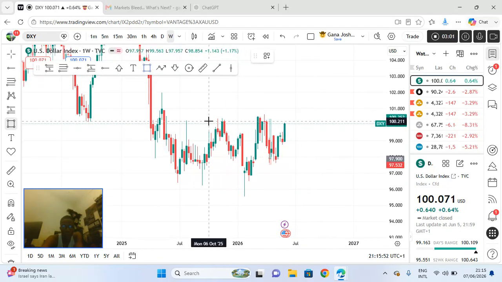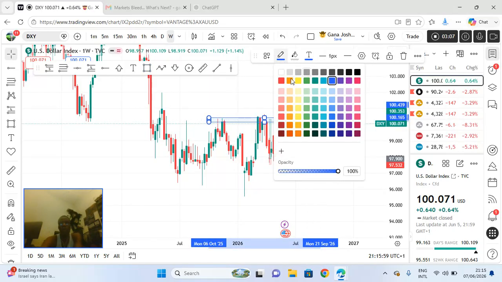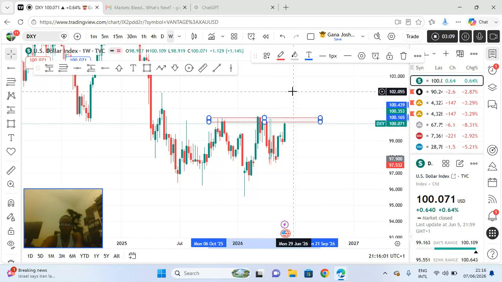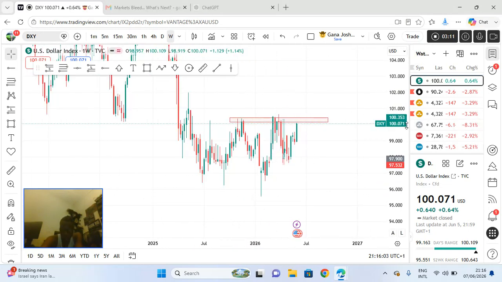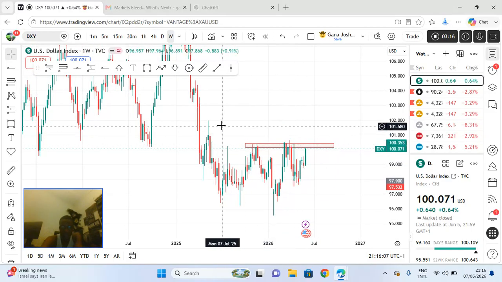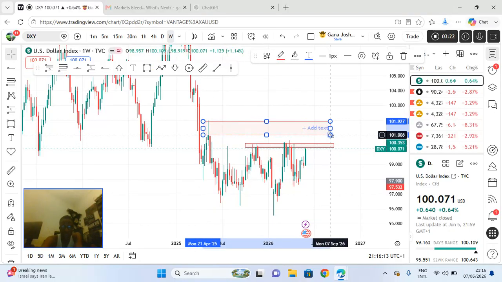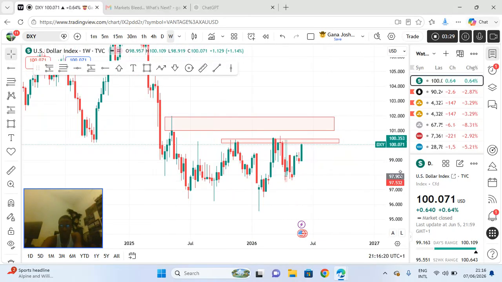Currently, I can see the DXY has been bullish, but it's approaching a strong level of resistance on the weekly. The question is, is it going to take out this high, or what is going to happen in the next weeks to come? Last week closed as a green candle and this week closed another green candle.